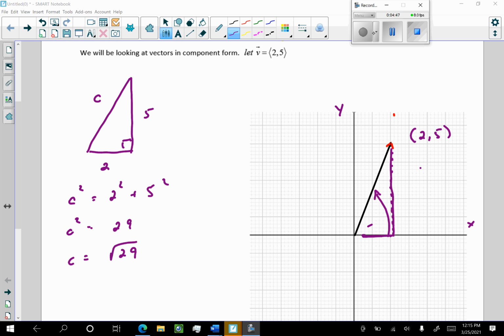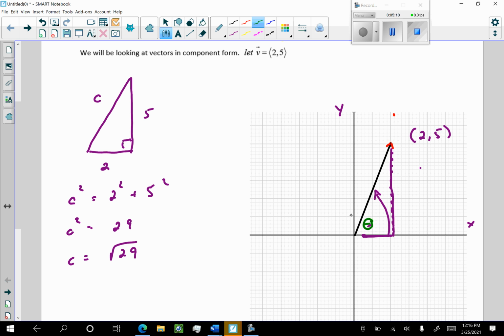The next thing we want to do here is to find this angle, this theta. For these particular exercises, I think most of the time the angles that we're going to find are going to be in degrees. So I'm going to make sure that my calculator is on degree mode.